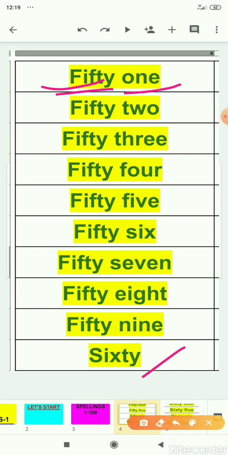What comes next? 52. So the same spelling we have to write here, that is FIFTY. After that TWO. Then again FIFTY, same, 3. FIFTY, same, 4. So children, what do you think here?